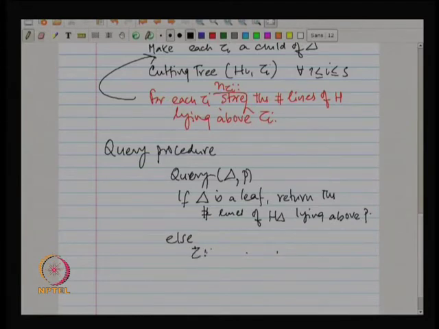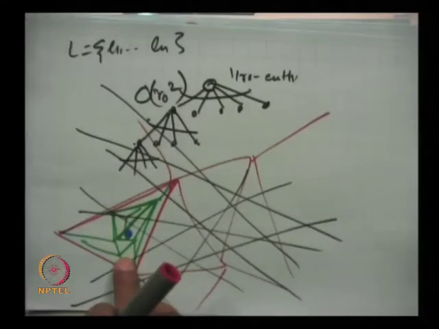let tau be the triangle of the cutting stored there that contains P. Otherwise, you find the triangle. For example, in this case, you found the red triangle that contained the query point.